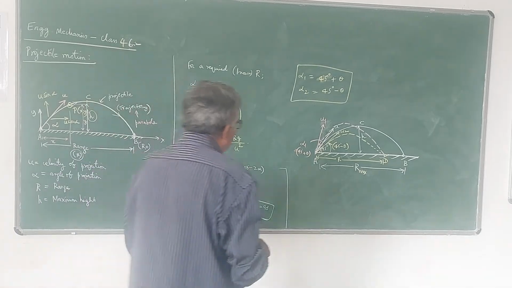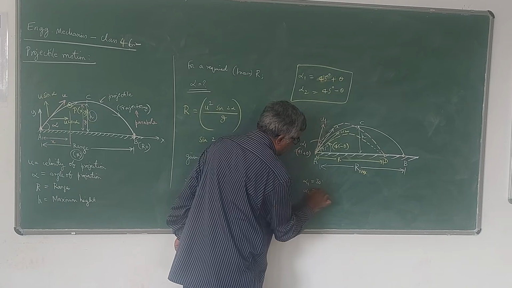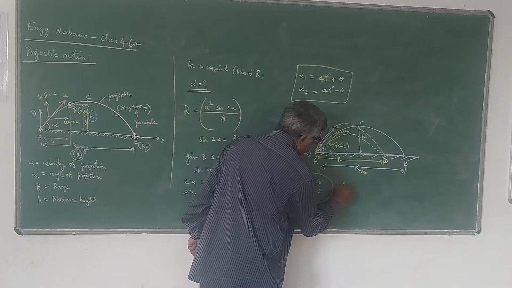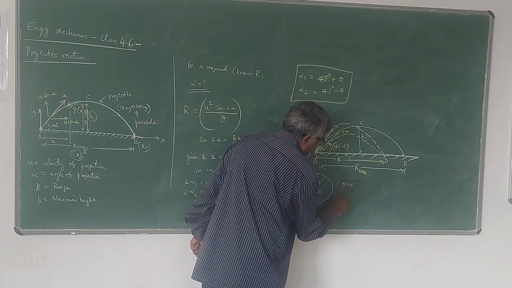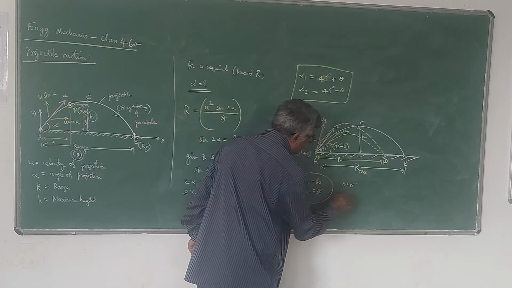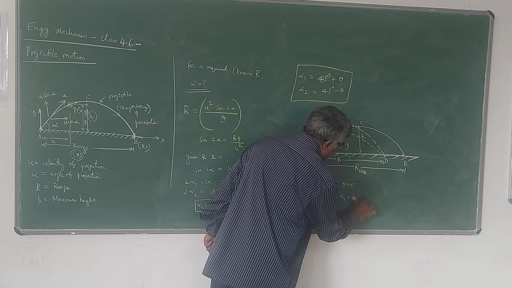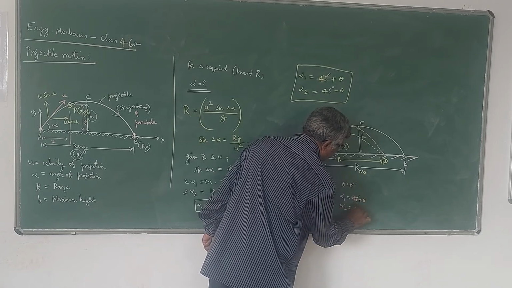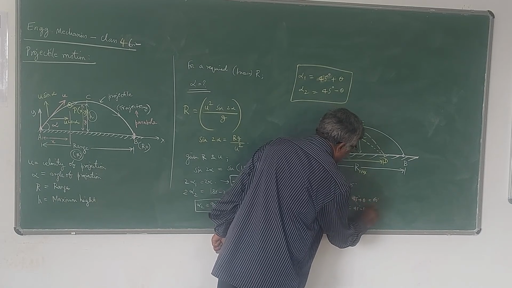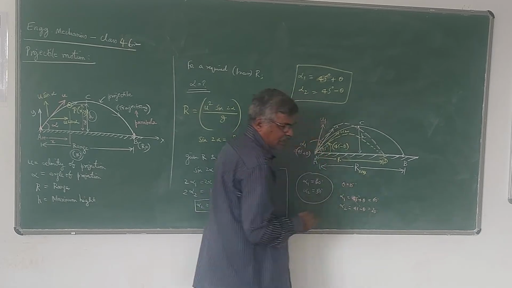For example, if alpha 1 is 60 degrees, then alpha 2 will be 30 degrees, so that theta will be 15 degrees, because alpha 1 is 45 plus theta, alpha 2 is 45 minus theta. That means it is 60 degrees, it is 30 degrees. So the difference in the angle becomes 15 degrees there.